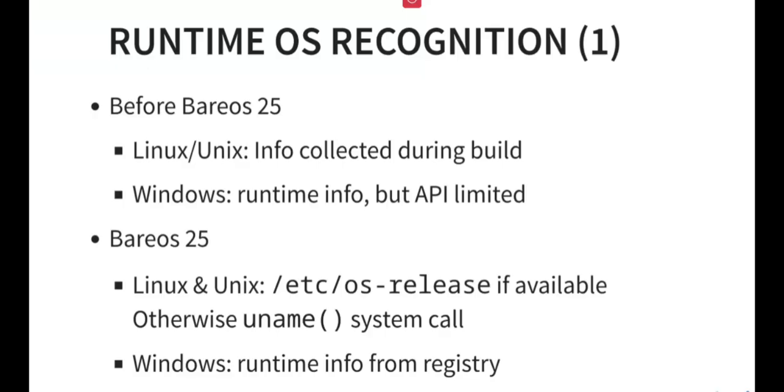But unfortunately, there's no real easy API on Windows to find out what kind of Windows you're currently running. Now in Bareos 25, we get the information out of the Windows registry, and on Linux and Unix we use /etc/os-release if available, which is on most Unixes, and otherwise we use the uname system call.